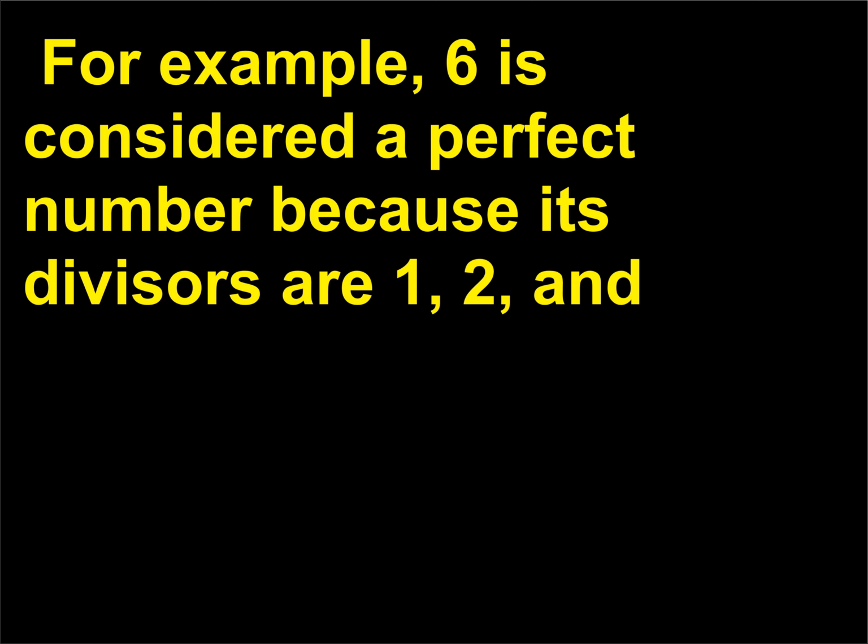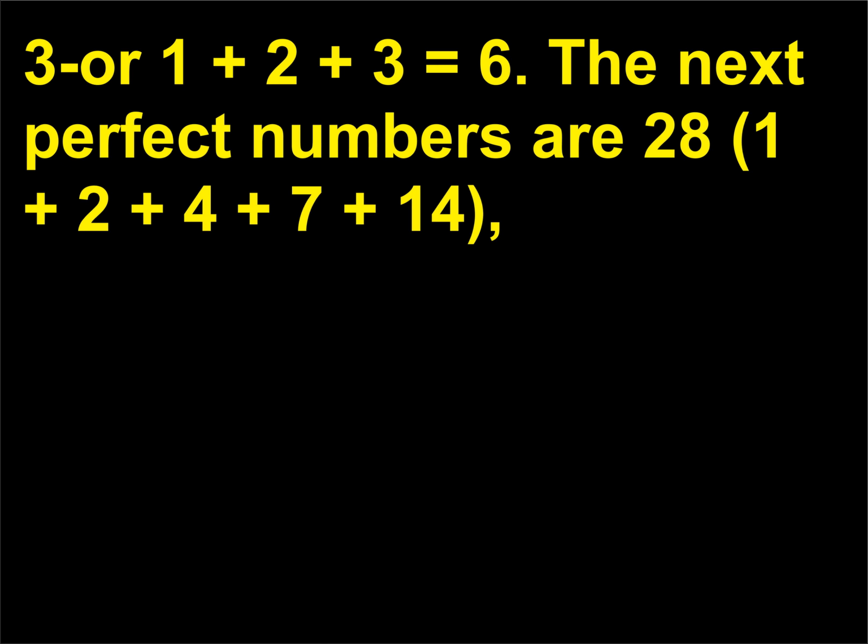For example, 6 is considered a perfect number because its divisors are 1, 2, and 3, or 1 plus 2 plus 3 equals 6.